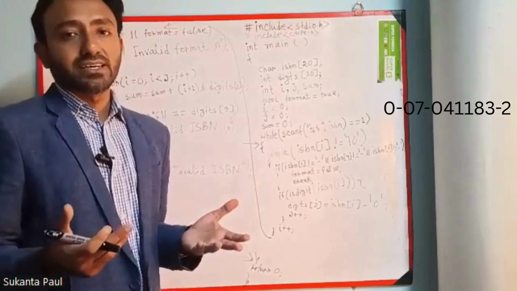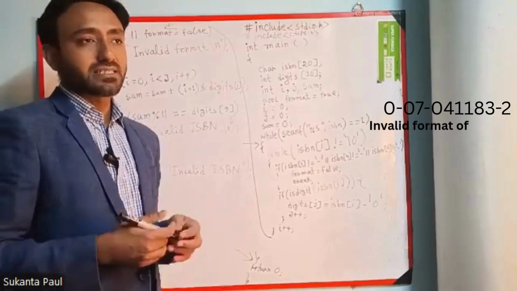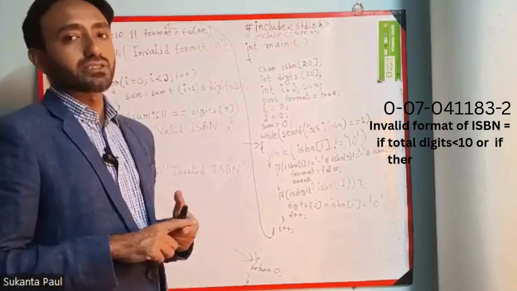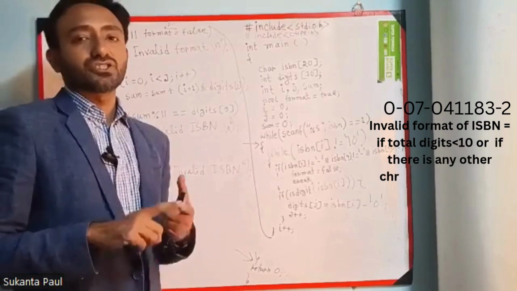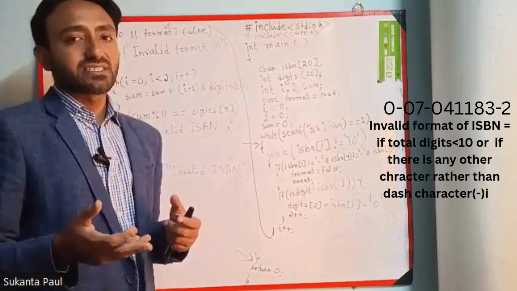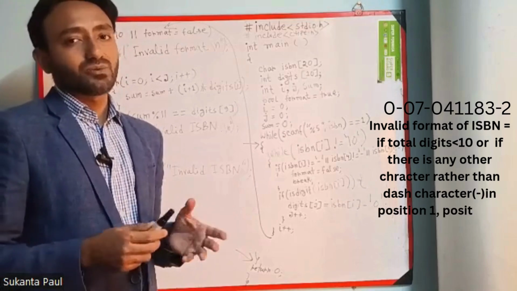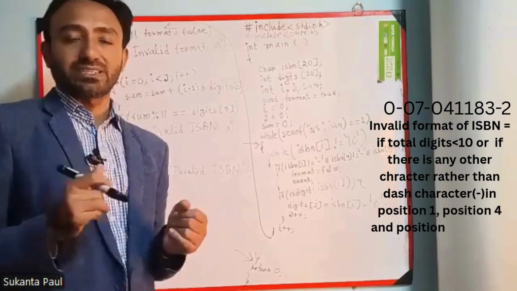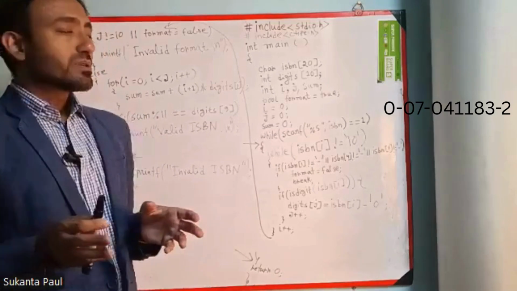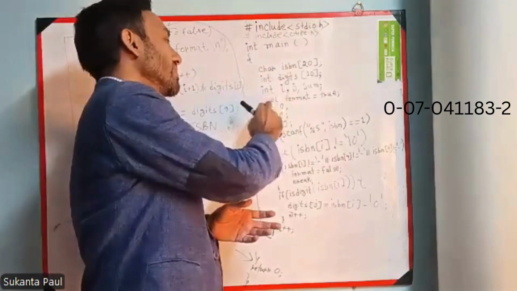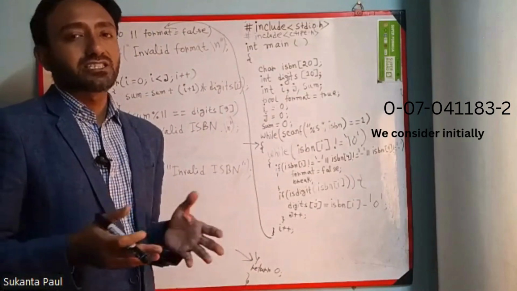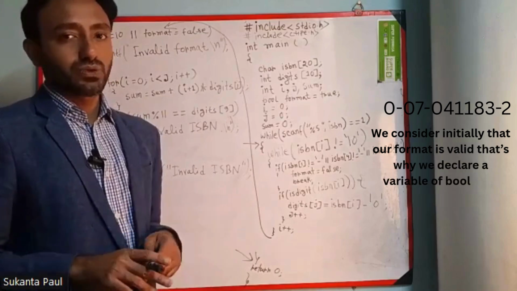If there are fewer than 10 digits, and also if in position 1, position 4, and position 11 of the ISBN there is any character other than a dash, then we can say that it is an invalid format of the ISBN. For that reason, we declare a bool type variable, format. Initially, we consider that our format is true.